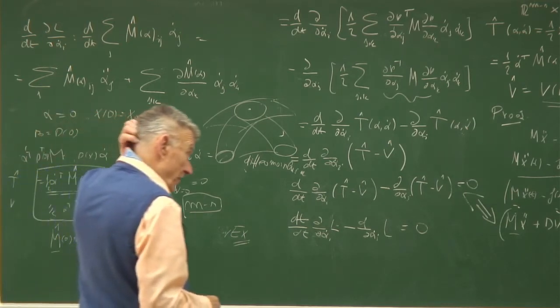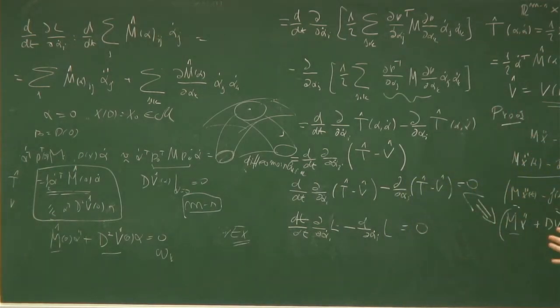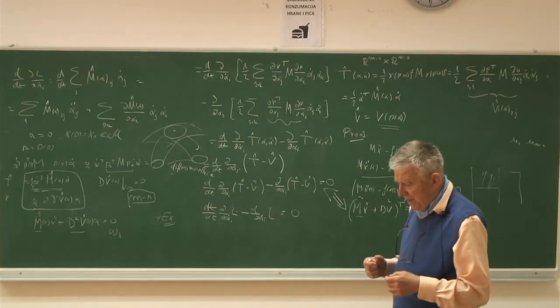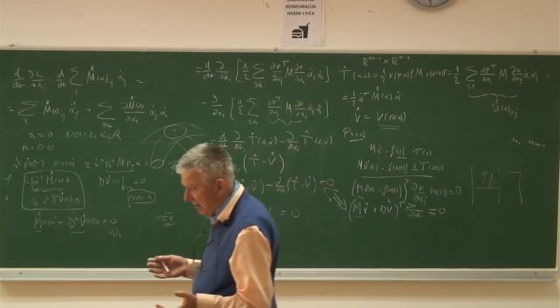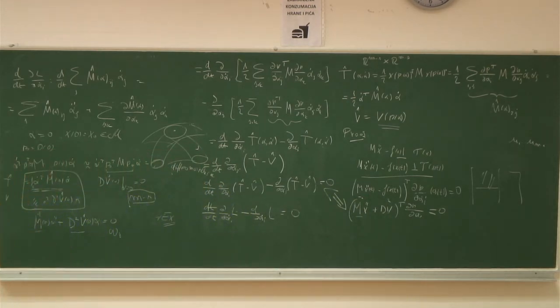That much for the local meaning of the Lagrange equations. But now, of course, you see, we would like to develop a theory, at least as general as we did with standard ODE systems.